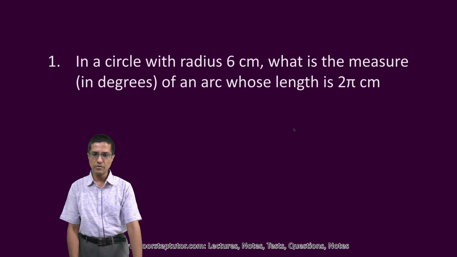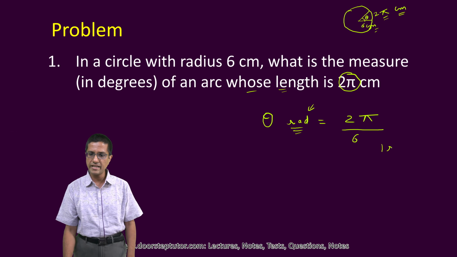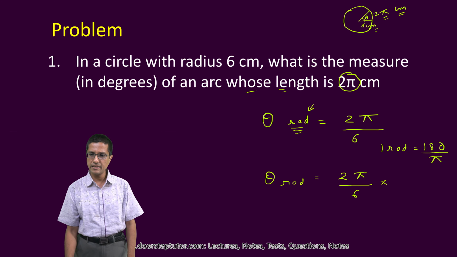So we know that 1 radian is equal to 180 by pi. Therefore, theta radians will be equal to 2 pi by 6 into 180 by pi. And of course this pi and pi would cancel.